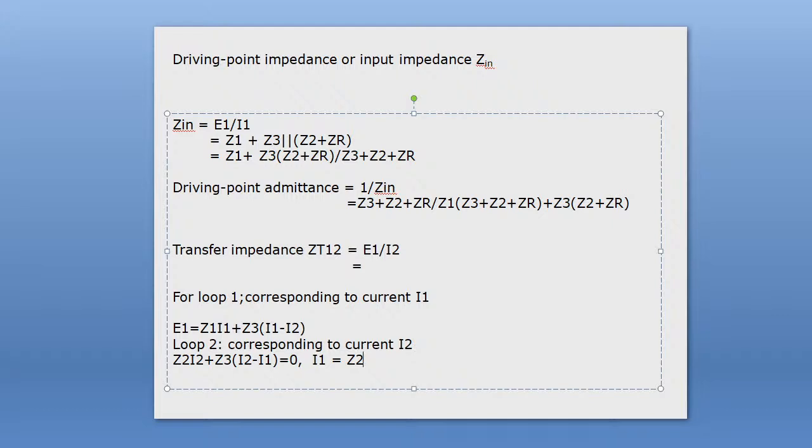Z2, I2 plus minus Z3. Sorry, let me write plus Z3.